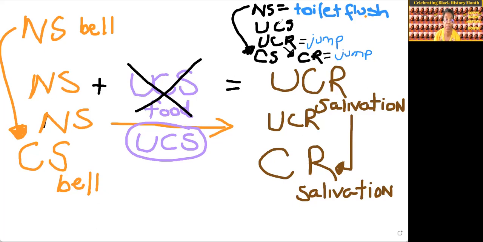What normally would cause the innate response, okay? The unconditioned stimulus would give us an innate response. And what would that innate response be? The innate response would be jumping, right? The unconditioned response would be jumping.